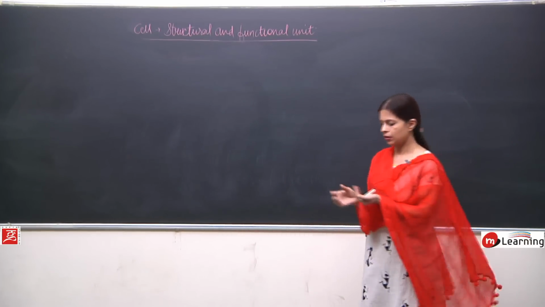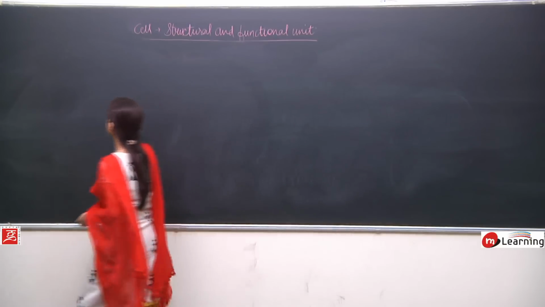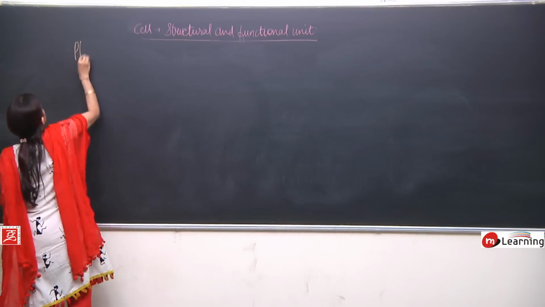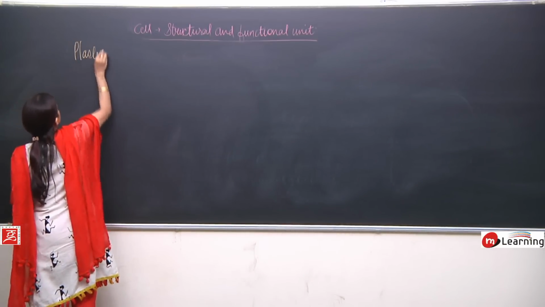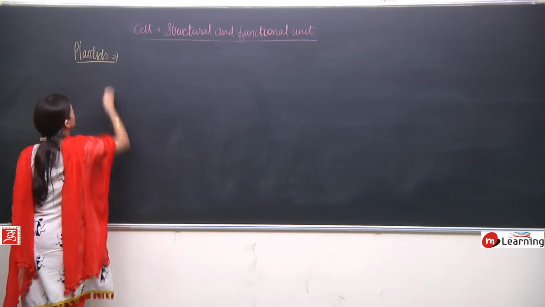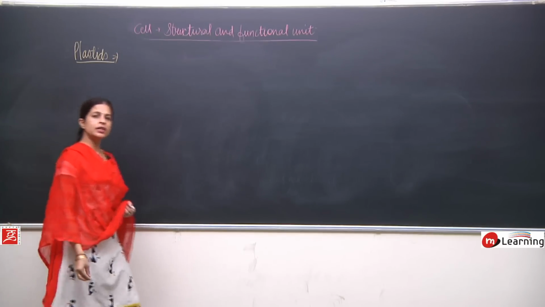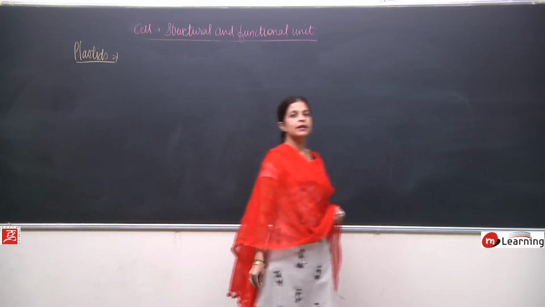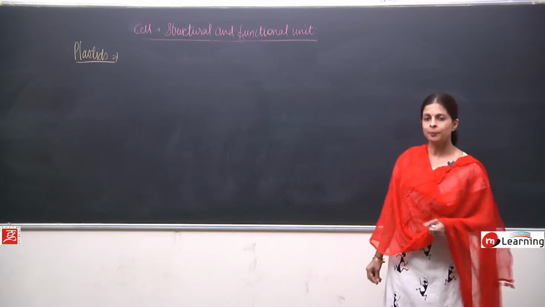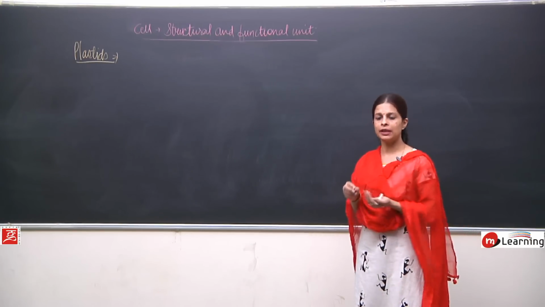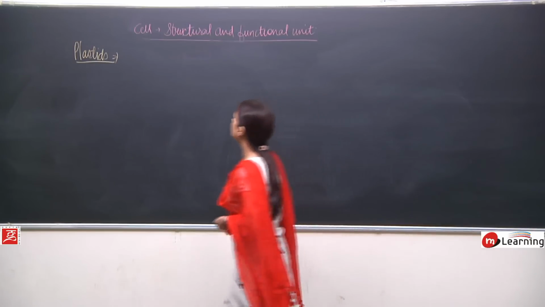First of all, I will write here plastids. When I write plastids, the first point that comes to my mind is their presence. Plastids are only and only present in plants.